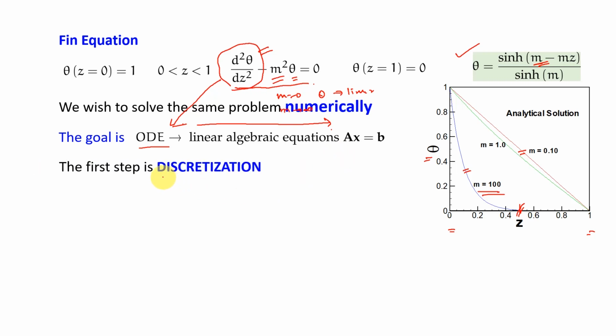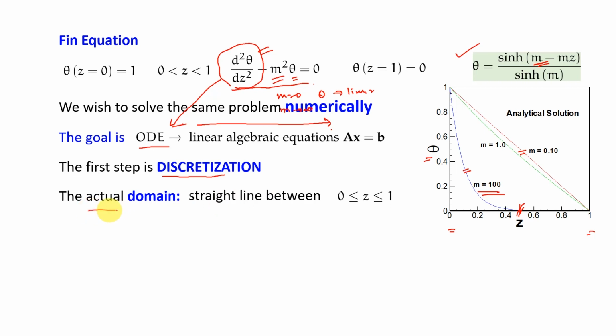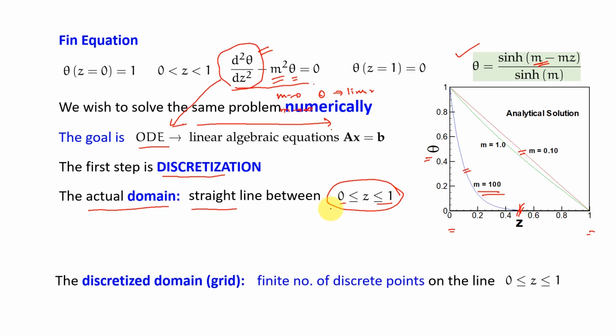The first step in this direction is something that we call discretization. The actual domain, what we have here, is a straight line between 0 to 1 in z. This is my actual domain. When we discretize, we assign a finite number of discrete points on this particular line, and we are interested in solving our equation only at those discrete points.